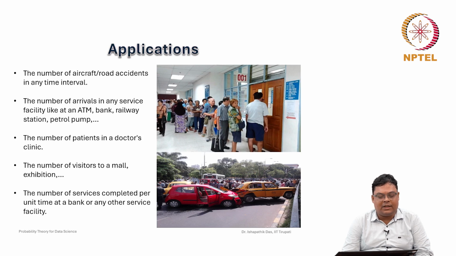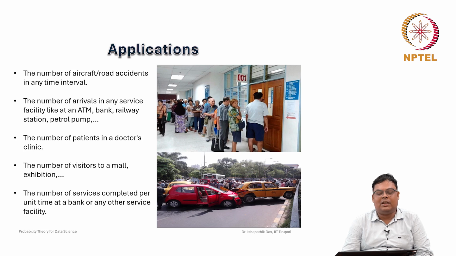Another application is the number of arrivals at any service facility, like an ATM, bank, railway station, or petrol pump. This kind of data can be modeled using the Poisson distribution, and then a bank can know where an ATM can be established, or how many ATMs or petrol pumps will be required. Other examples are the number of patients in a doctor's clinic, the number of visitors to an exhibition, and the number of services completed per unit time at a bank or other service facility.